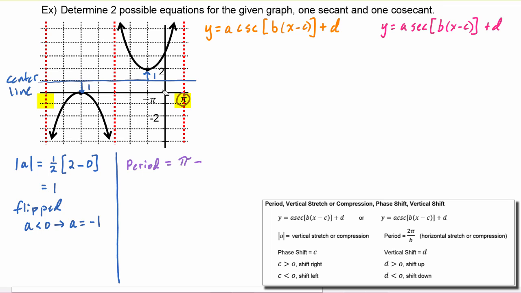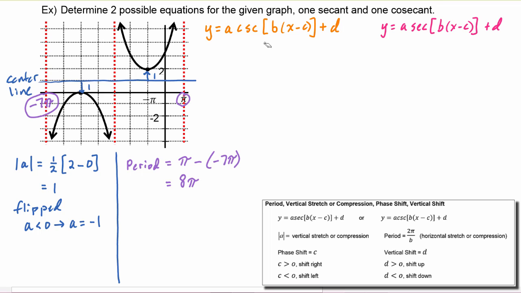So then the starting value is going to be -1 pi, -2, -3, -4, -5, -6, -7 pi. So this becomes pi plus 7 pi, which is 8 pi.